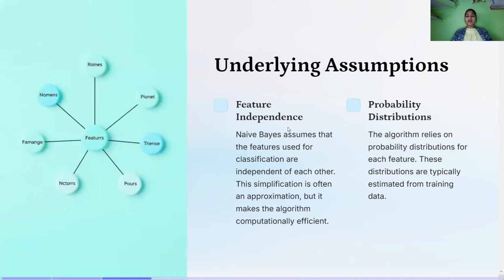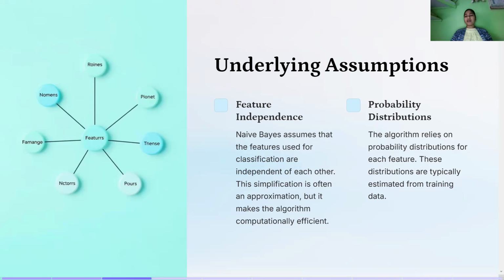Underlying assumptions: feature independence and probability distributions. Naive Bayes assumes that the features used for classification are independent of each other. This simplification is often an approximation, but it makes the algorithm computationally efficient. Second, probability distributions.